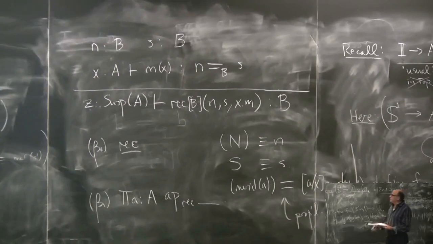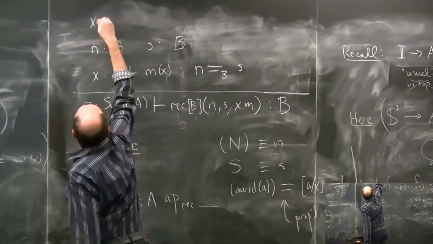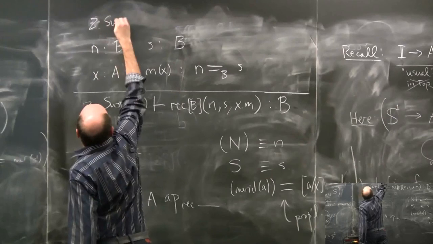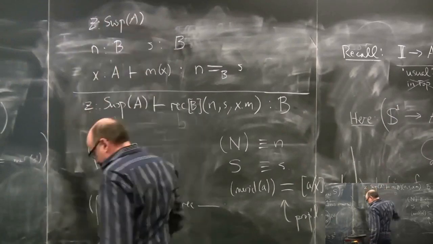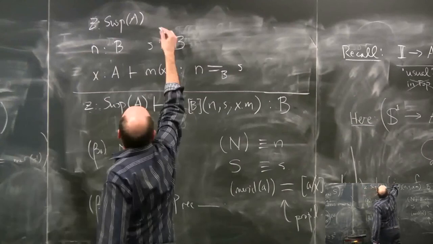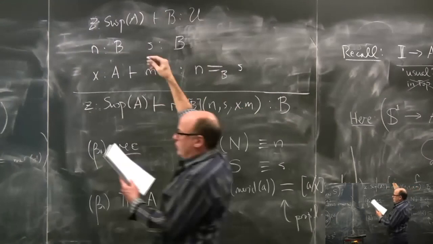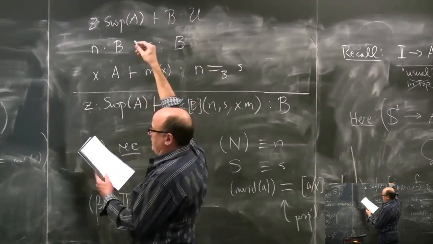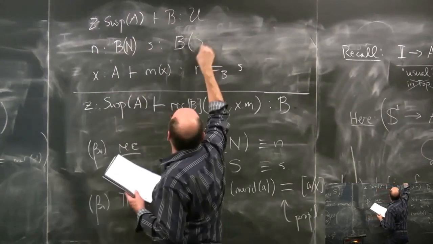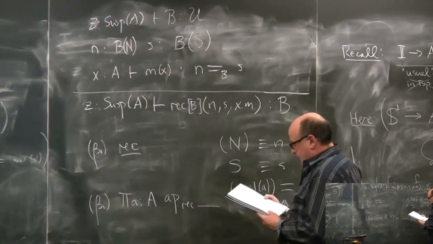And then there's also suspension induction, which says, I'll do it in place, that if we have a Z in the suspension of A, and B is a type family, then we're going to demand that B of N be true of N, and this would be B of S. And then what do we do about the meridians?